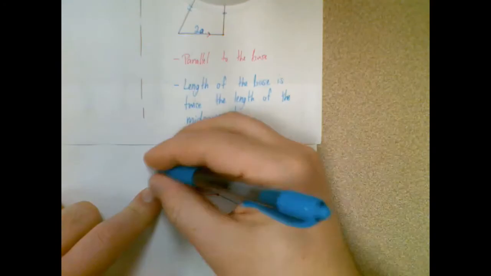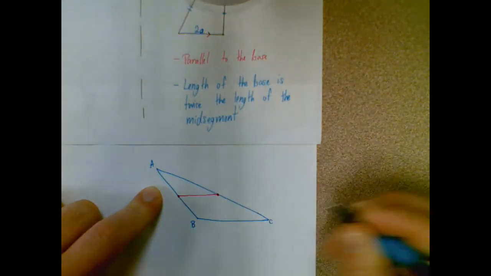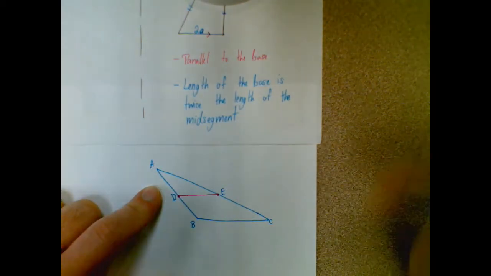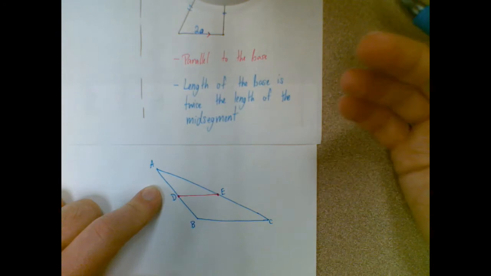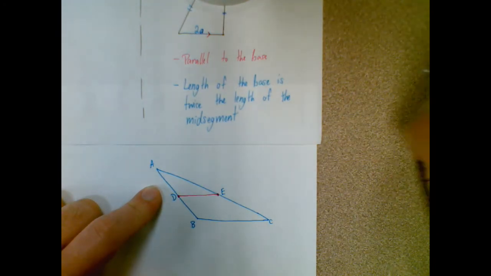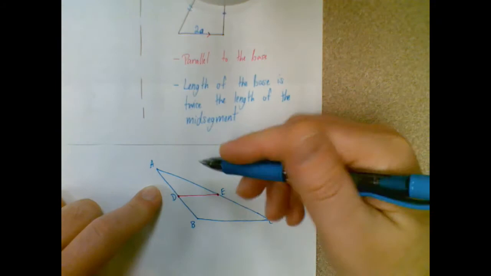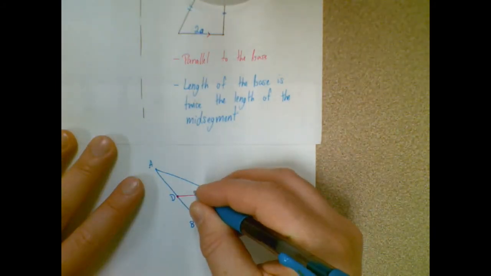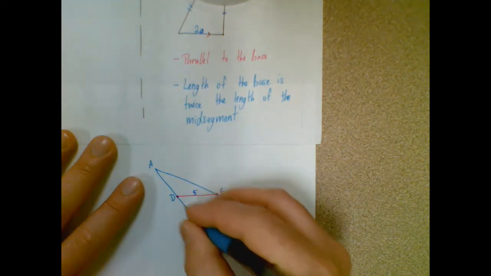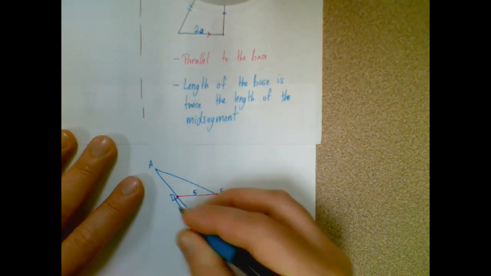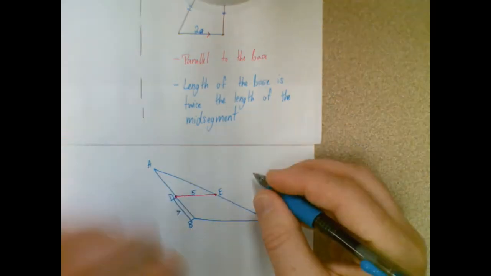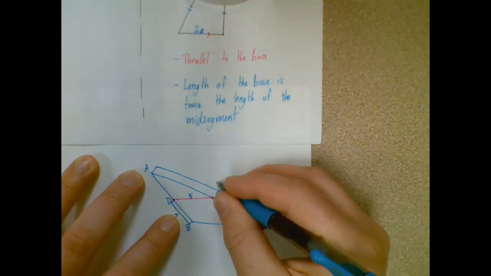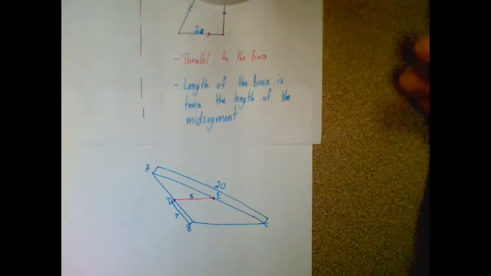If I know a few things, so let's call this A, B, C, D, and E. If I have a couple pieces of information, I can actually fill in most of these pieces. So let's say I know the length of my midsegment is 5. From D to B here is 7. And this entire length from A to C is 20.